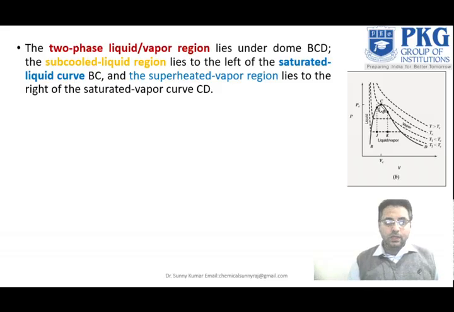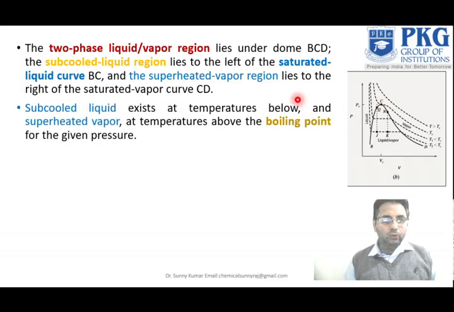Like the left and right we have discussed, supercooled liquid exists at temperatures below, and superheated vapor at temperatures above, the boiling point for a given pressure.